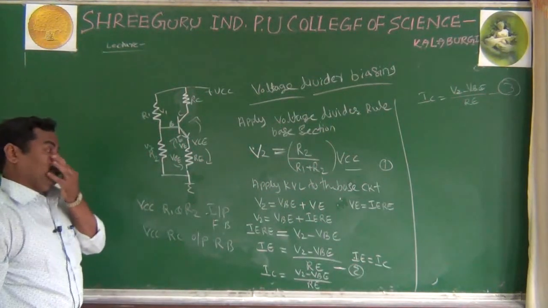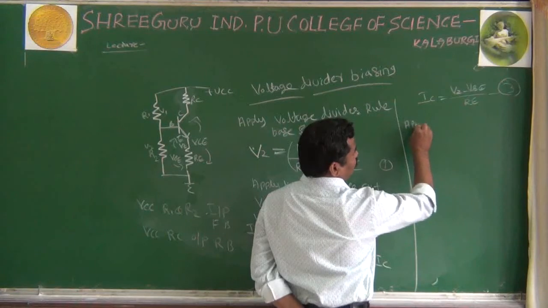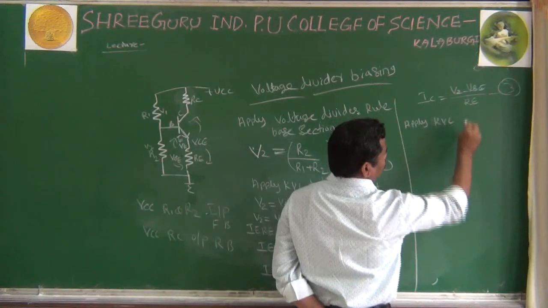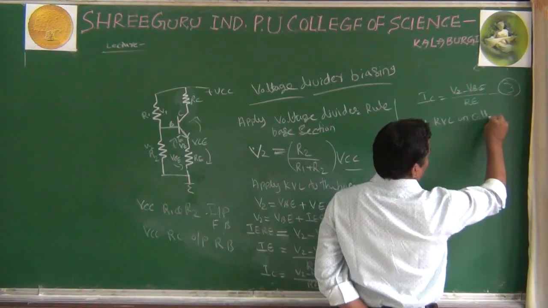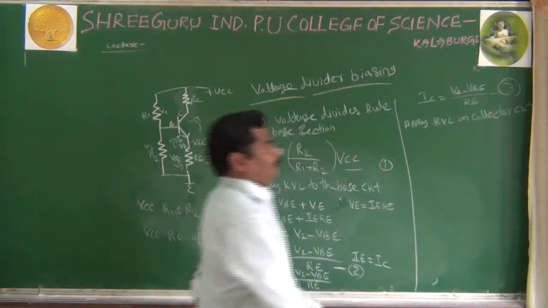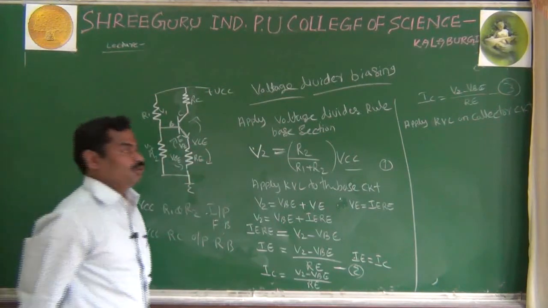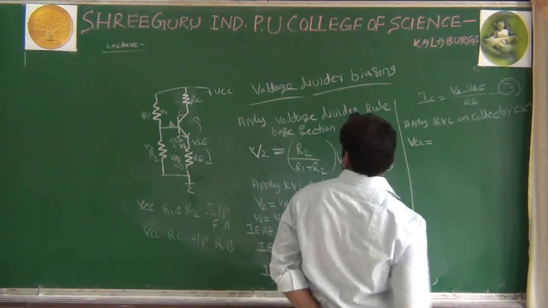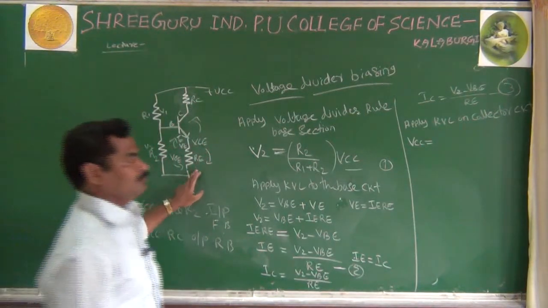Then in the last step, apply the KVL on the collector side, on the collector circuit. Once again, as you applied the KVL for the input section, in the same way apply the KVL for the output section. That becomes VCC equal to IC into RC plus VCE plus VE.